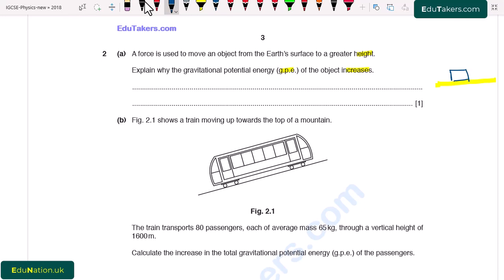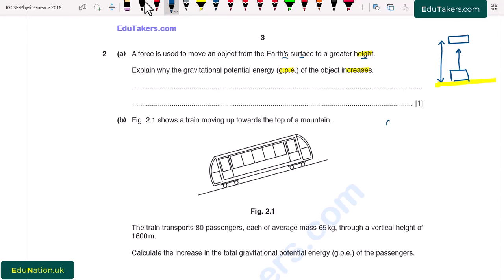But if I lift this object to this point, then we can see that the height of this object from the surface of Earth is larger, and the gravitational potential energy of the body is related to the height. So in the question, the object is first of all at the surface of Earth, then it is raised to a greater height. And when there is a greater height, then the potential energy will also be greater.